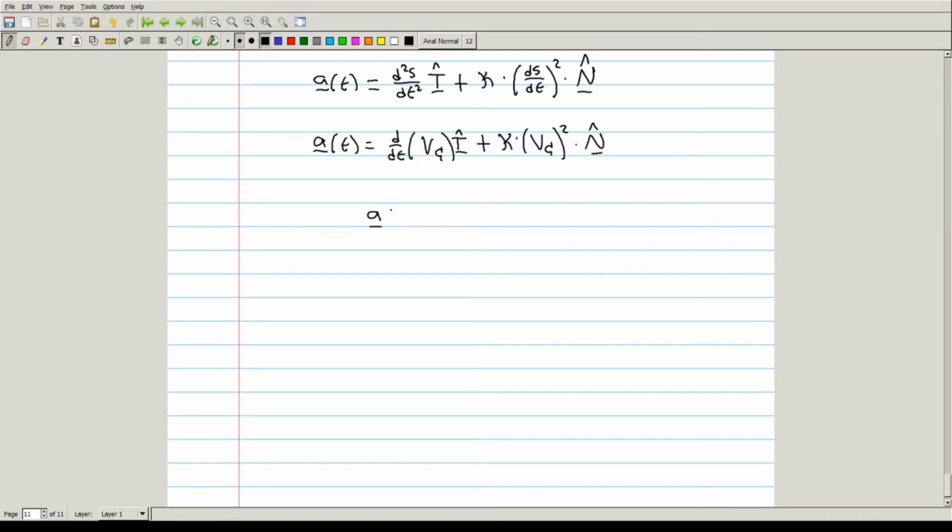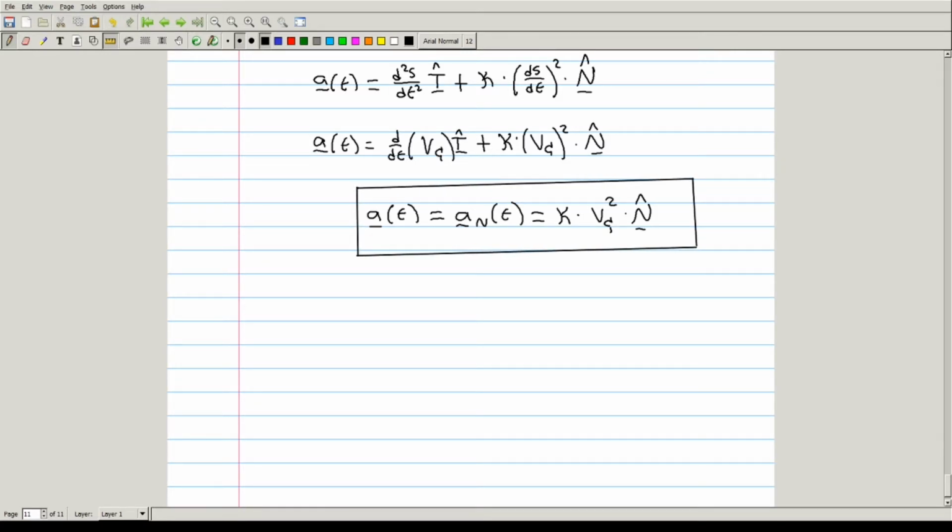So we have that the acceleration vector, when a particle moves with a constant speed, is just equal to the normal component of acceleration, or the centripetal acceleration, which is the curvature times the square of the constant speed times the unit normal vector. This is example 2, when a particle moves with constant speed. So even if a particle moves with constant speed, you actually still do have acceleration. You have purely centripetal acceleration.